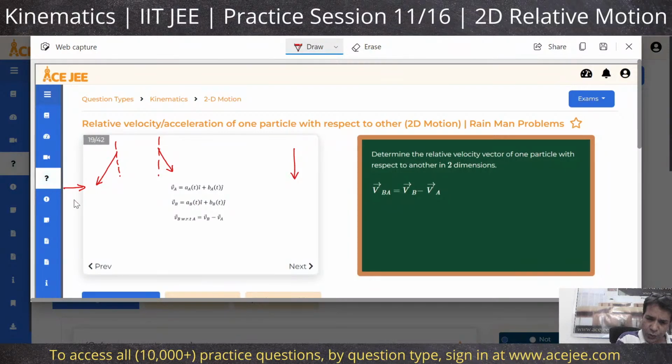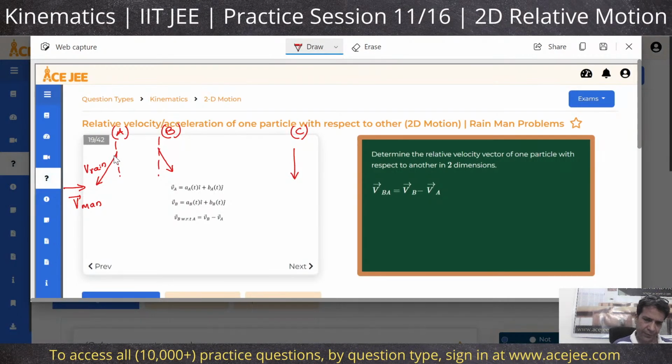If this is V man, and let's say this is V rain, let's look at the scenarios A, B, and C separately. How do we find the relative velocity? Take two particles, A and B. The relative velocity of A with respect to B is VA vector minus VB vector. Graphically, the alternate way of saying that is add VA to minus VB vector.